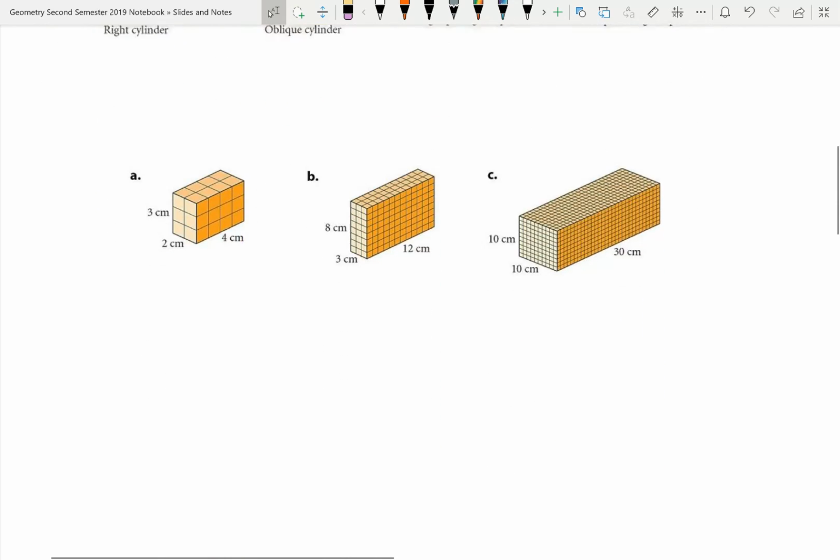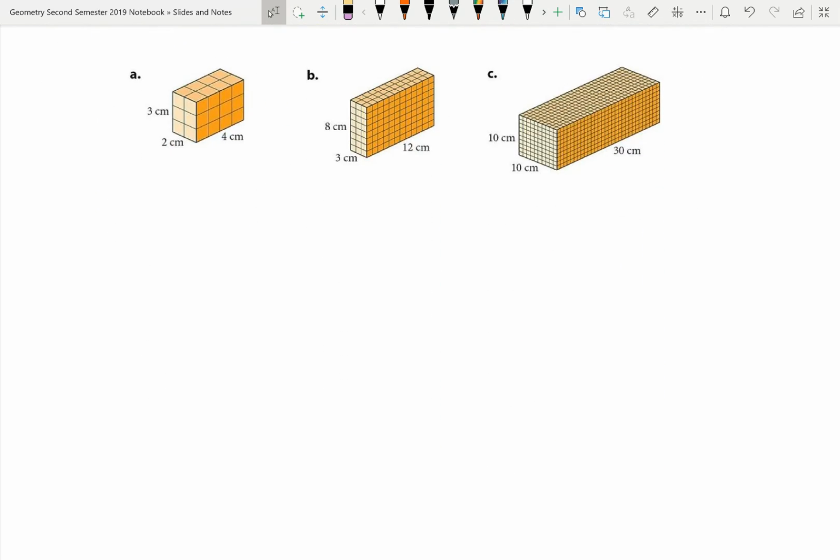So let's do some examples here. Here we have three rectangular prisms. They give the length, the width, and the height. To find the volume, first you're going to find the area of the base. The way we define a base with a prism is it's two parallel congruent faces. So you could have this side and the side in the back be the base, or you could choose the top and the bottom.